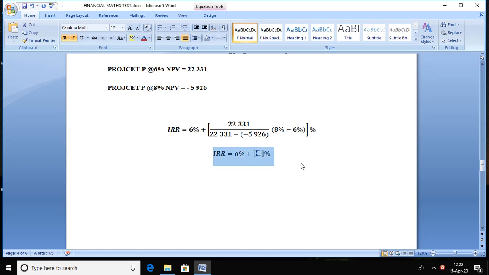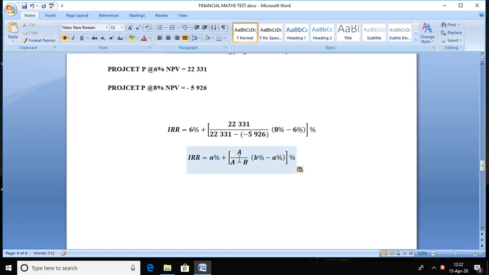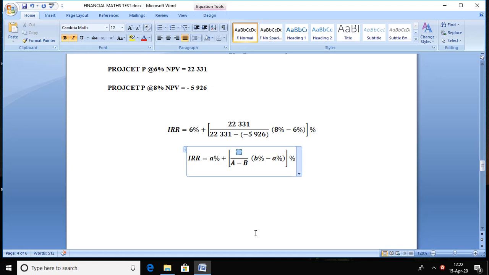Let's do this showing the full steps there. When you had 22331 plus 5926, you must get 28257, right? So then 8% minus 6%, you must have 2% here.